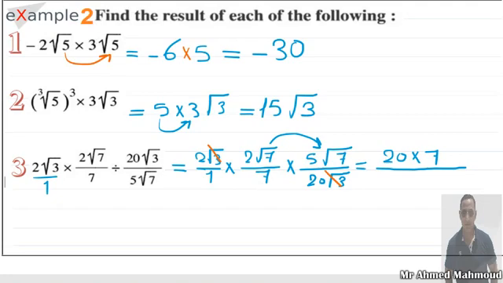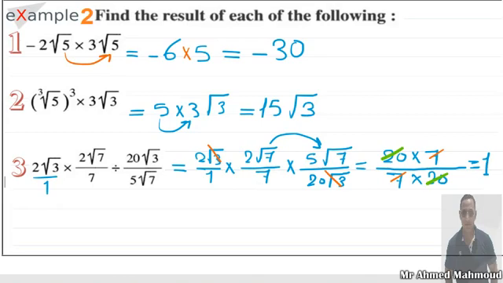It will be 1 times 7 equals 7 times 20. Finally, I'm going to cancel 7 with 7, and I'm going to cancel 20 with 20. Finally the result will be equal to 1 because all of them are equal.